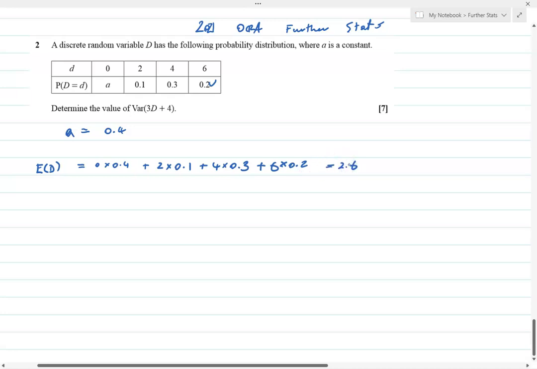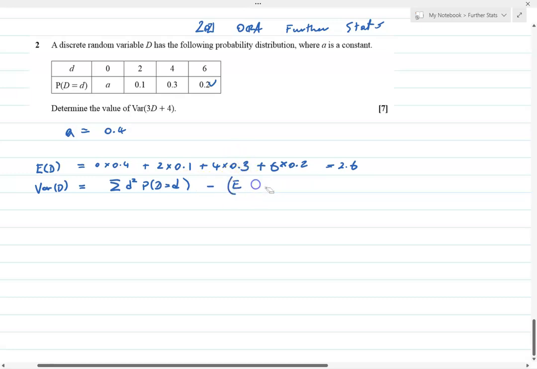Now the variance of D basically is the expectation of D squared, take away the mean squared. I'll write the formula out, it's worth it. It'll be the sum of D squared times the probability that D equals d, minus the expectation squared, which we've worked out.